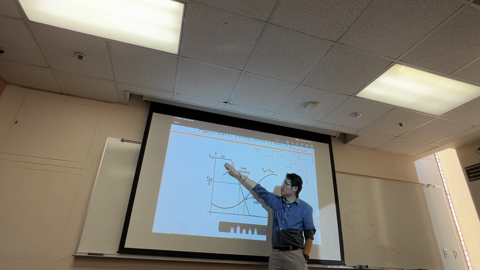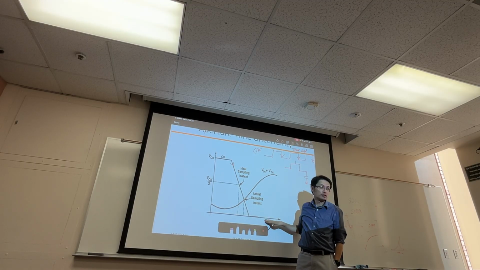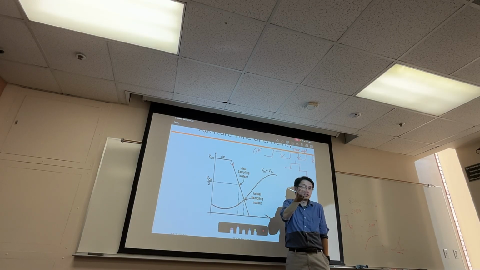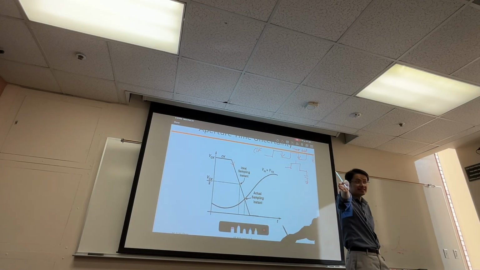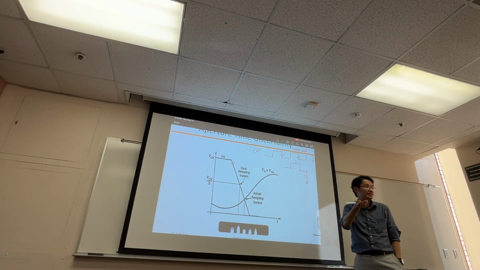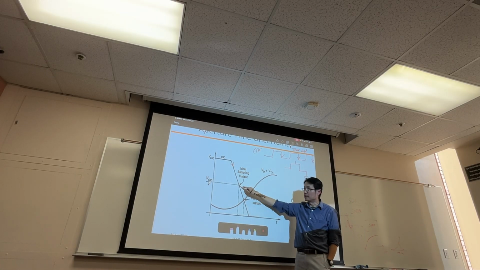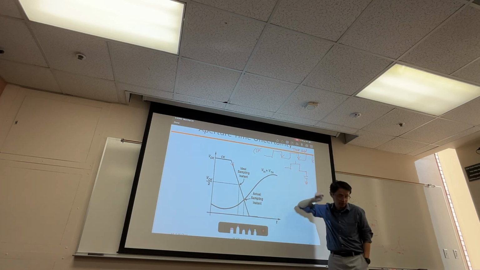Your clock will go from VDD to ground, right? So ideally you want the sampling instant to be at half. I think in digital circuits they also assume just half VDD. That's your trip point, right here.